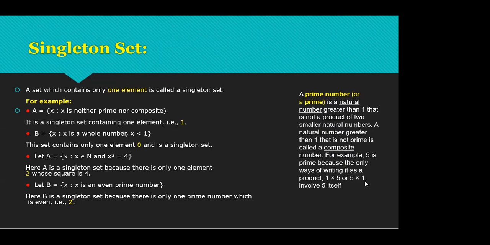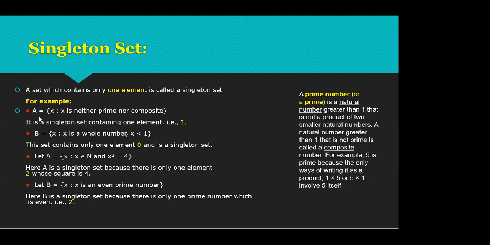So, do you get what a prime number is? So, what is our smallest prime number? 2, sir. Yes, right. 2. Because a prime number is a whole number greater than 1 whose only factors are 1 and itself.